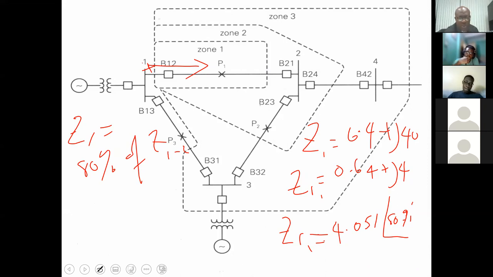Well, that's 1, 3 or 2, 3, sorry. So we have 2, 3, or we have 2, 4. So which one are you going to choose? 2, 3. Yes, sir. 2, 3.